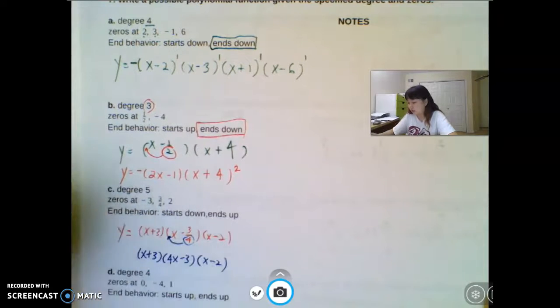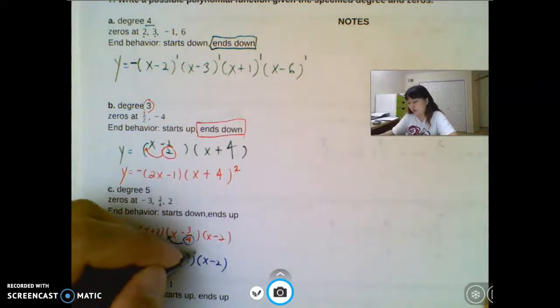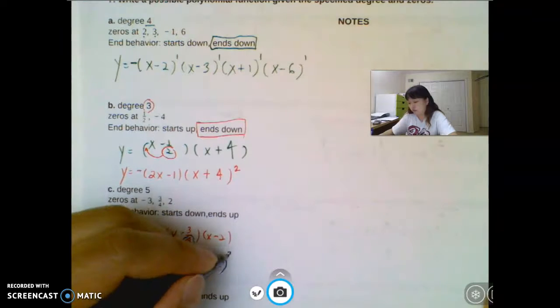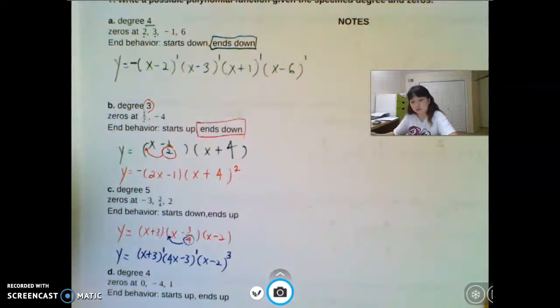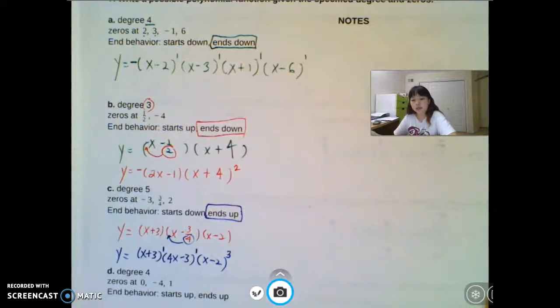It's just a shortcut. Has degree 5. So that means I cannot have 1, 1, 1. We just need to make sure it adds up to 5. So maybe 1, 1, 3. It really doesn't matter as long as it adds up to 5. And then it ends up, so it is good the way it is.